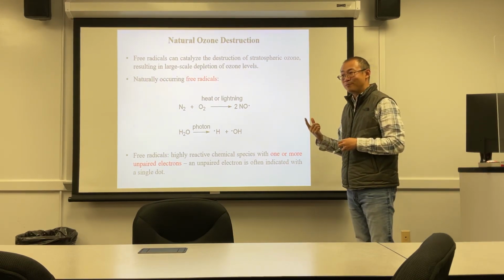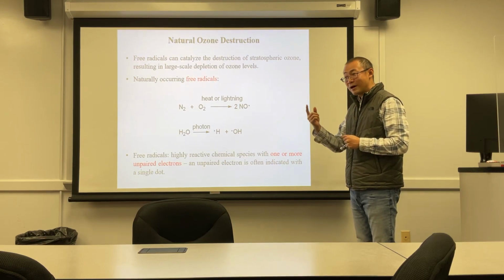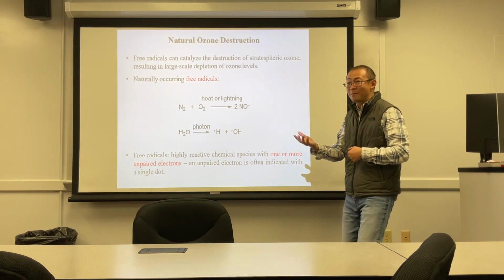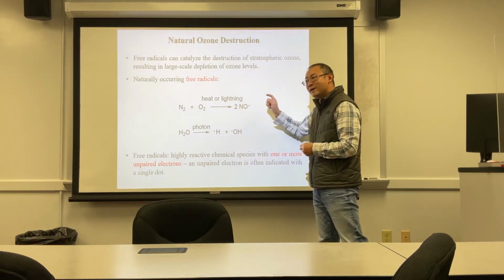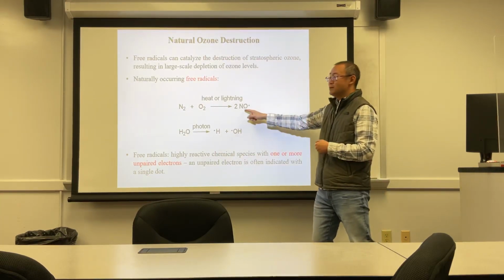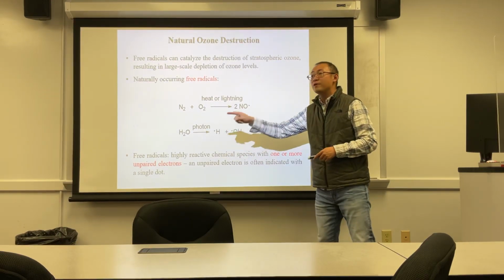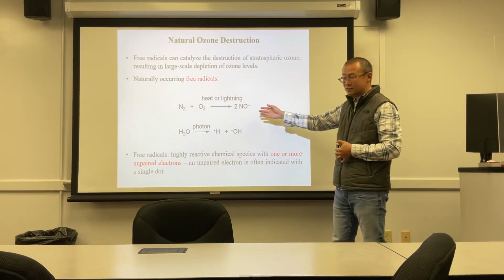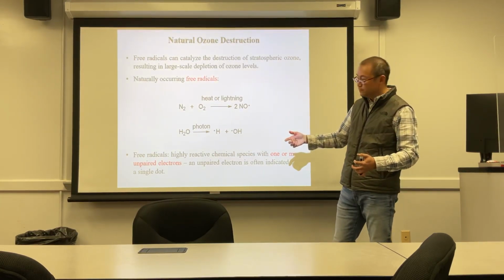So total is what? 11, which means what? It's an odd number, not an even number. So definitely there's going to be one electron what? Single, right? Not paired. And because of that, this gas, NO, is a free radical. That's one of the examples showing you that naturally lightning can generate free radicals.